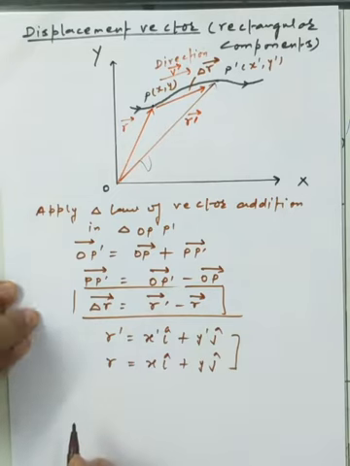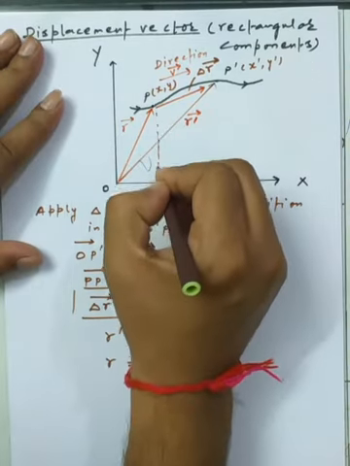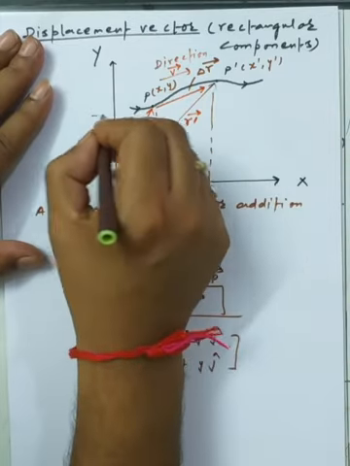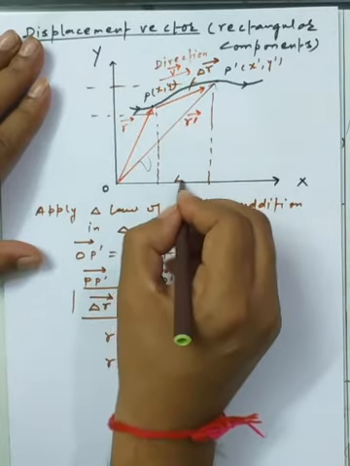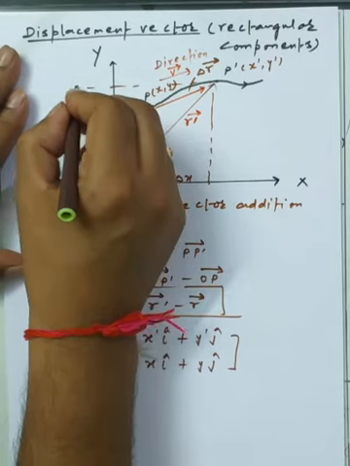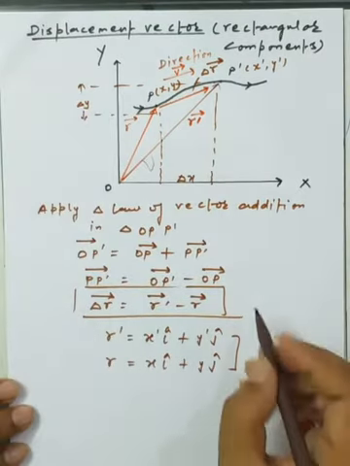If I draw perpendiculars on the x axis, these have their own nominations. This one is called delta x, and this one is called delta y.